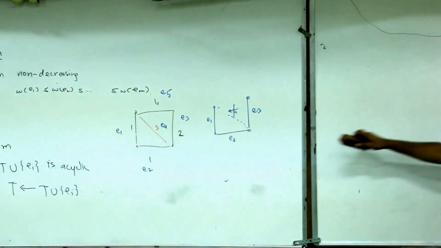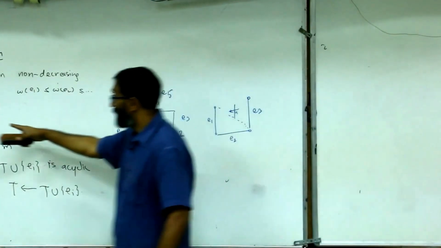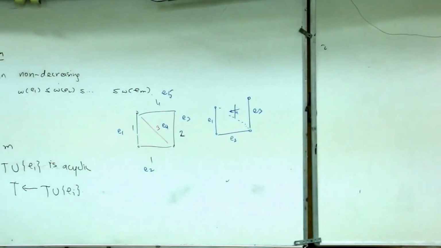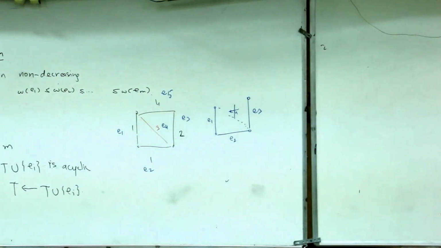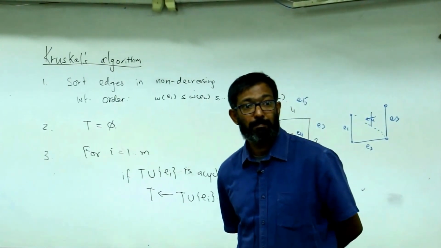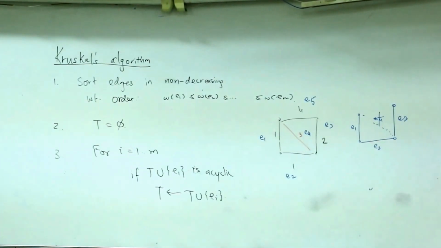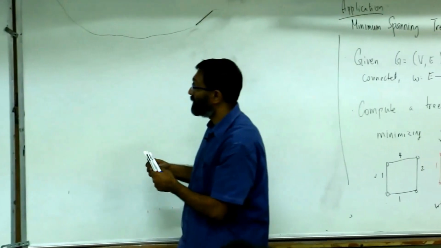The set of edges in T forms a graph, but it's a graph with some special properties. It's a tree, or rather a forest. So let's look at this picture.